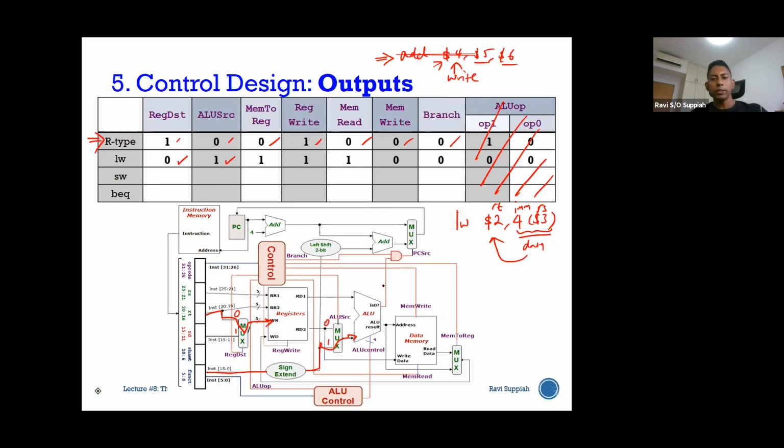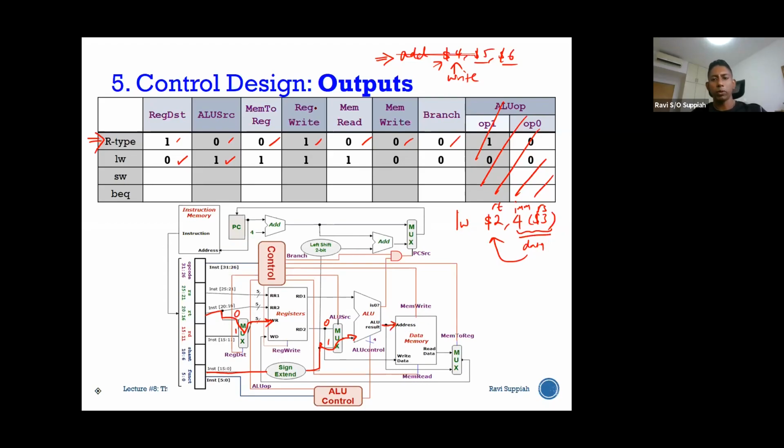For this load word instruction, what will happen is you will have to take this ALU result, and this ALU result is going to point to a memory location.